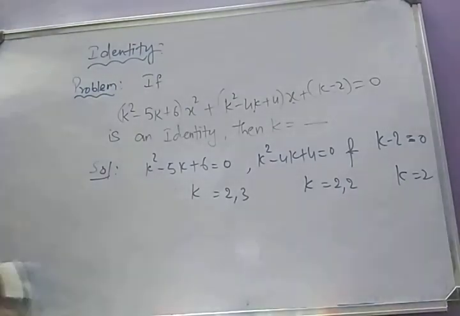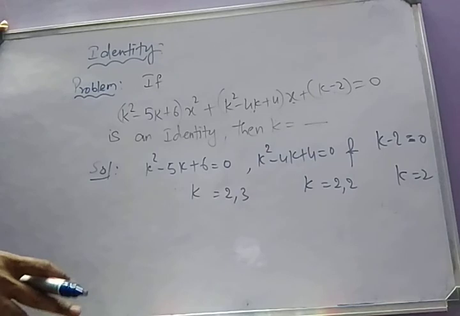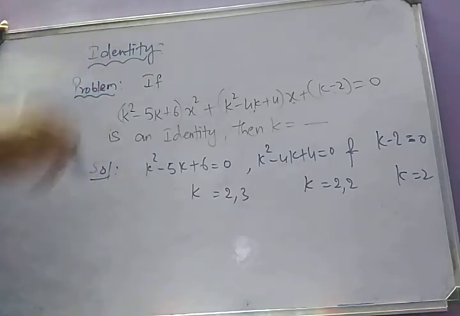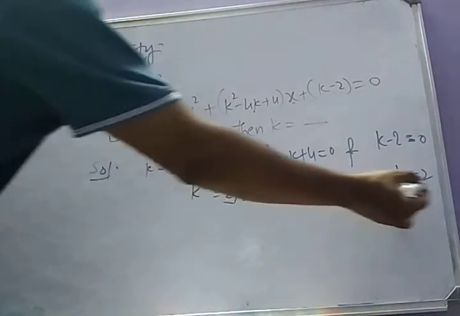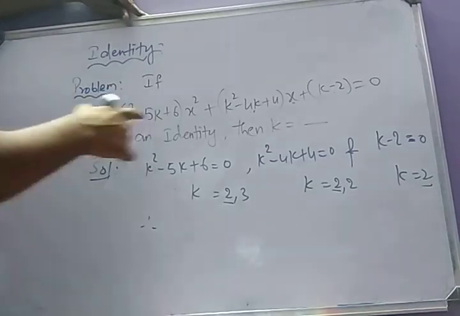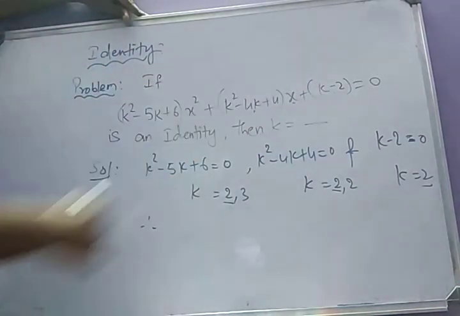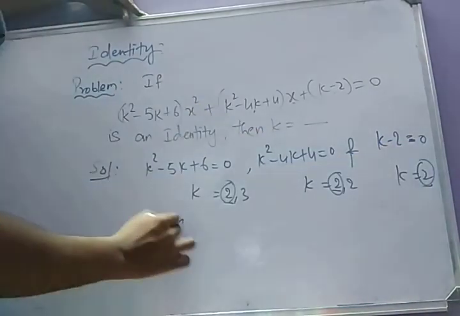So don't say that the possible values of k are 2 and also 3. It's not that. You should consider that value of k which is common in all the three cases. Therefore, the value of k for which this is an identity is k is equal to 2.